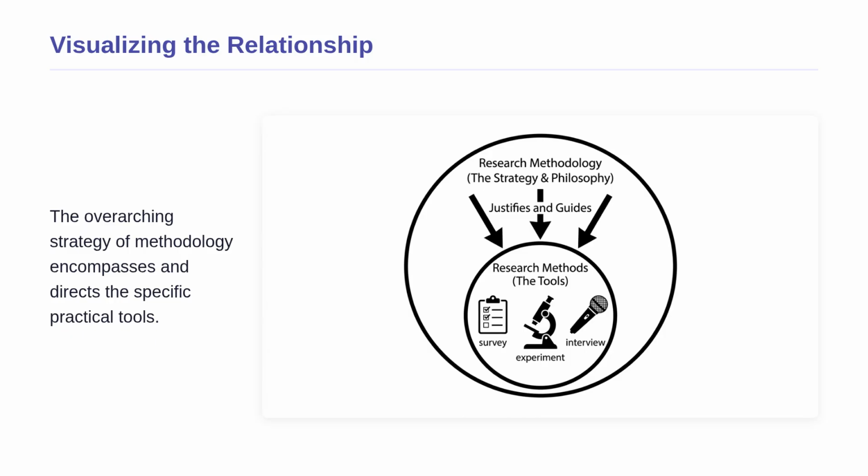The arrows pointing inward show that the methodology justifies and guides the selection of the methods. Inside the method circle, you can see tangible tools like a survey, an experiment, and an interview. This diagram perfectly captures that methods are just a small, contained part of the much larger methodological framework.